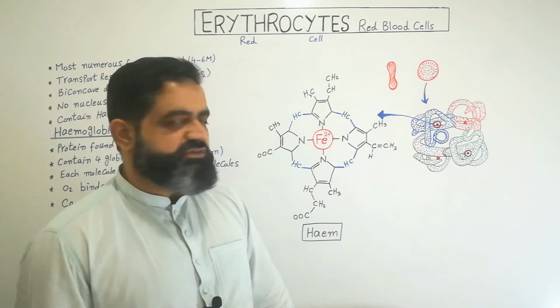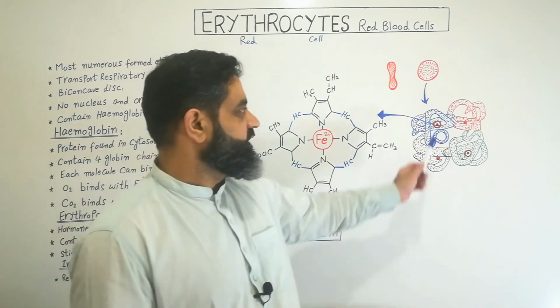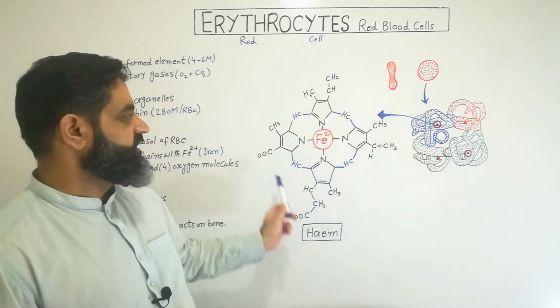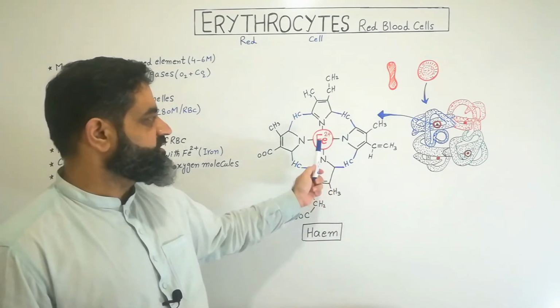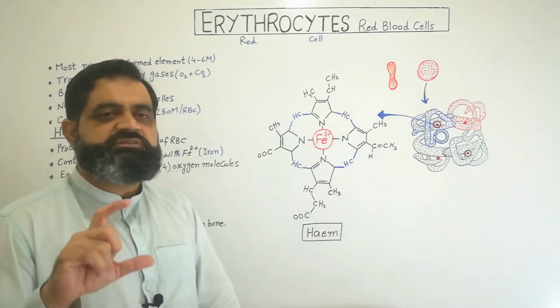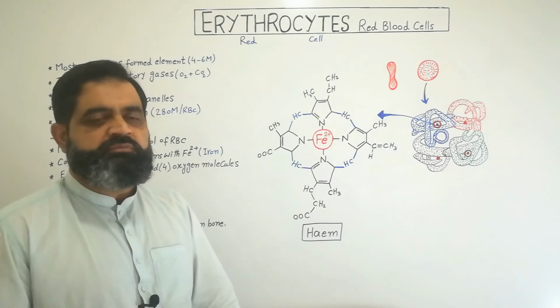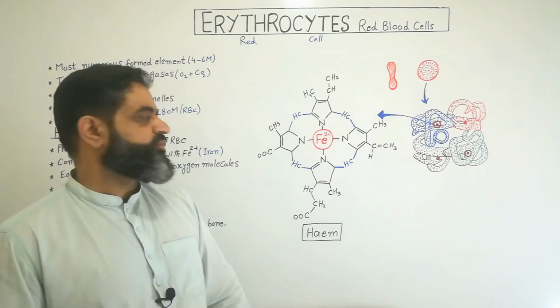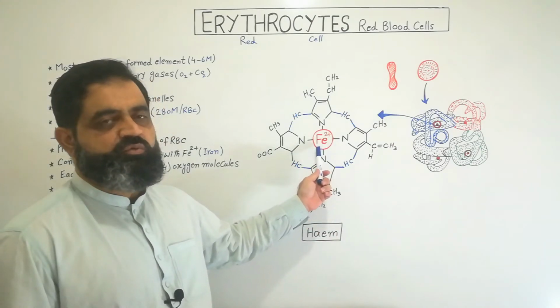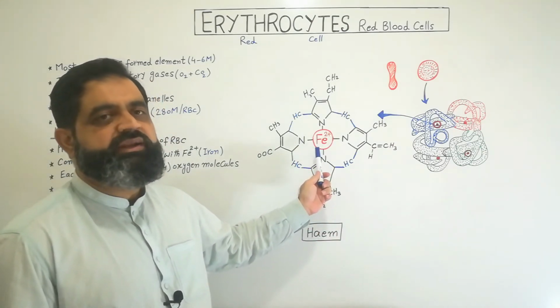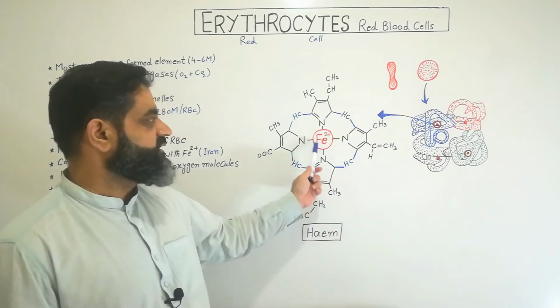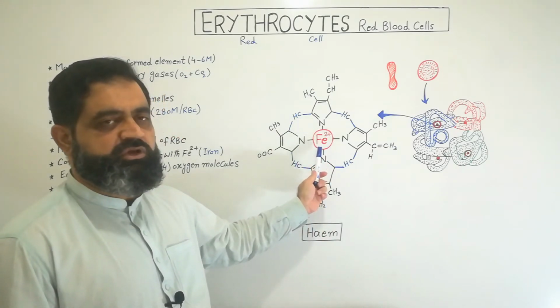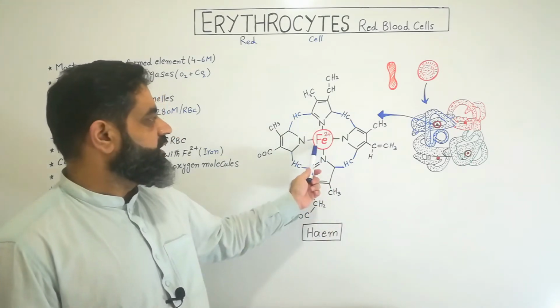Now if we look at the structure of heme, which is a coenzyme, each heme group is made up of a structure like this one. The central atom is iron. Its structure resembles the chlorophyll molecule, and the difference between chlorophyll and heme is that the chlorophyll molecule contains magnesium in the center, while the heme group contains iron in the center. As you can see in the red one, this is the iron ion, which is in the center.